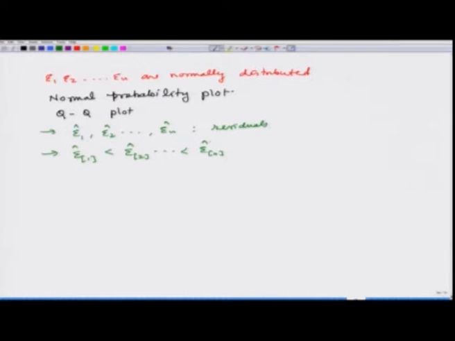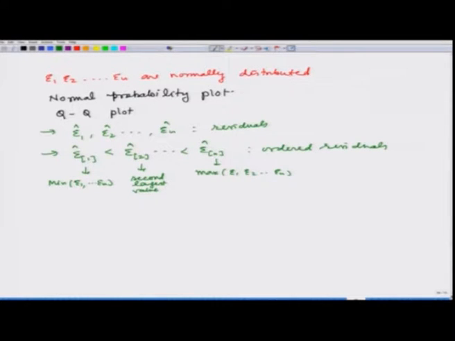The meaning is that this is the minimum value among all epsilon 1, epsilon 2, ..., epsilon n, and this is the second smallest value, and similarly this is the maximum value among epsilon 1, epsilon 2, ..., epsilon n. So, these are essentially our ordered residuals.